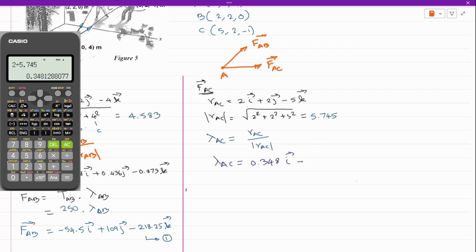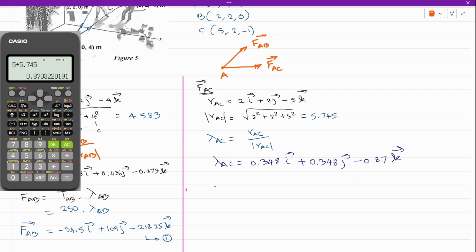Again it is the same, plus 0.348 J vector. Now 5 divided by 5.745. We are getting 0.87 K vector, minus 0.87 K vector.